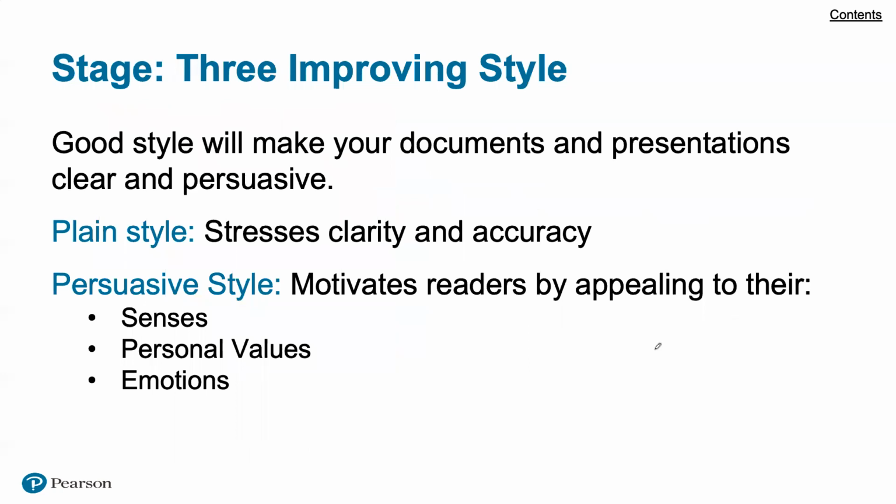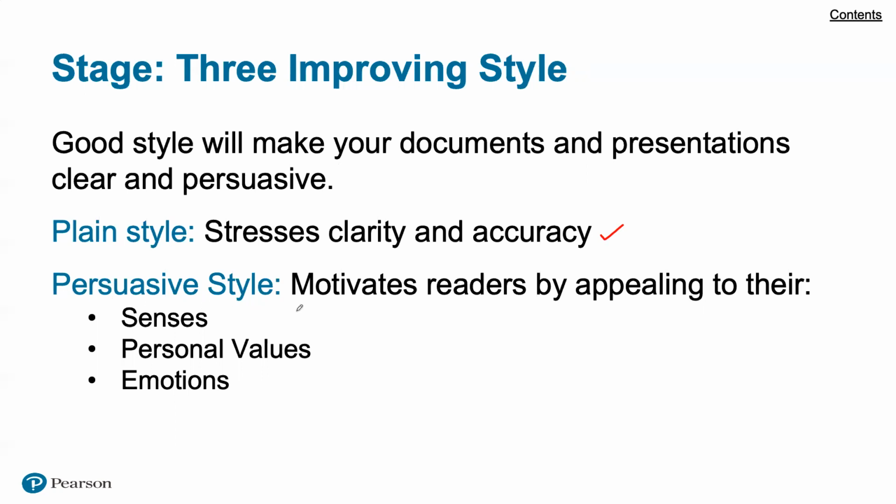So what about improving your style? Good style will make your documents and presentations clear and persuasive. So for a plain style that stresses clarity and accuracy, sometimes that can be very useful. Maybe for a more factual type of audience, they want to be doing that decision making on their own, versus maybe you're trying to persuade the audience.